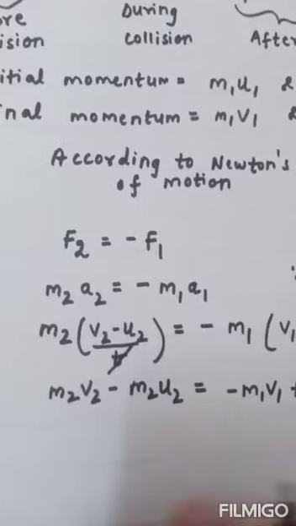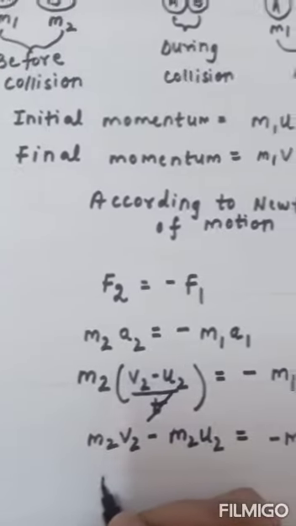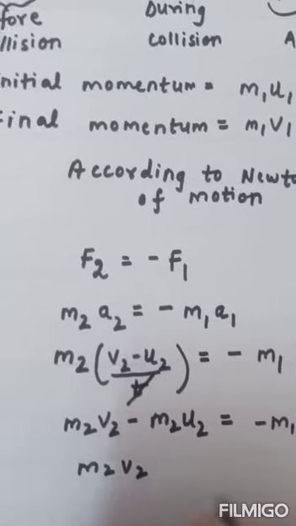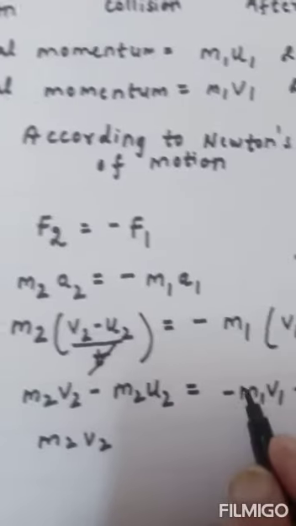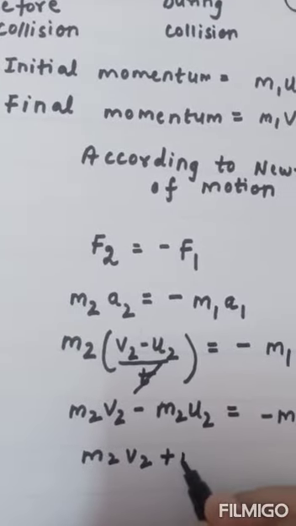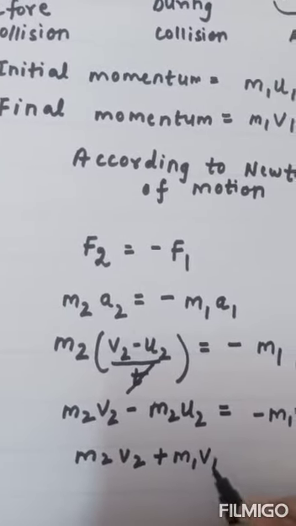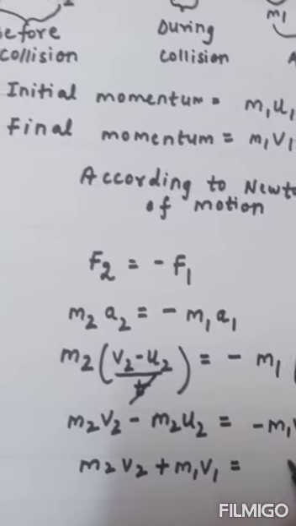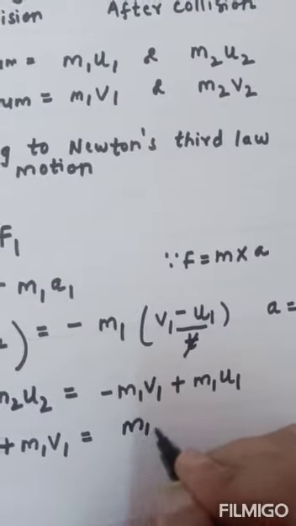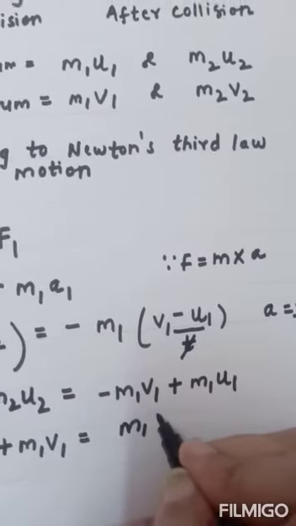Minus we will transfer there. Now m2 v2, and minus m1 v1 comes to this side, it will become plus m1 v1. Here m1 u1 is already there, same I am copying down here.